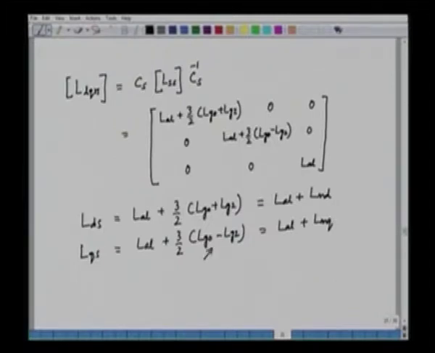This is basically the Q axis magnetizing inductance, which is again constant and not a function of theta r. That is the beauty of the transformation. When we transform the ABC variables into DQ variables in the rotor reference frame, the inductances are constant.